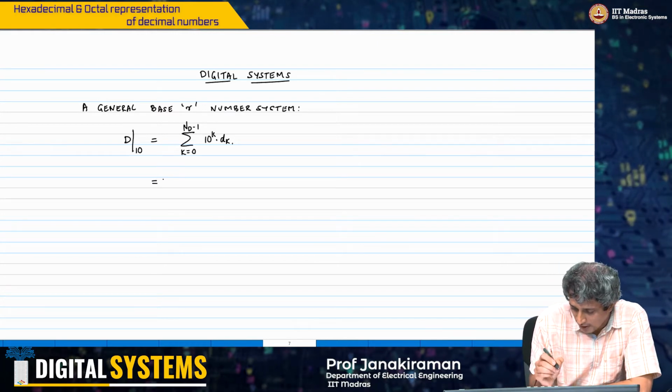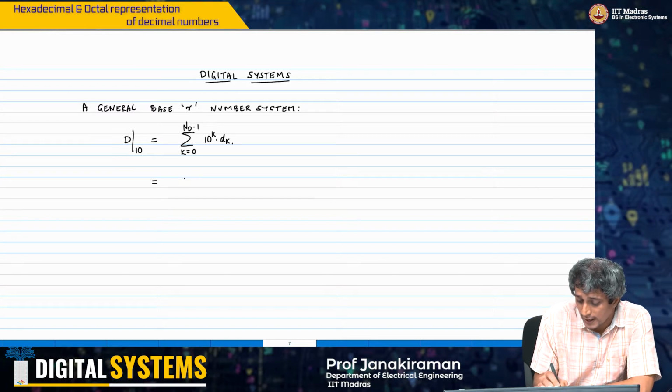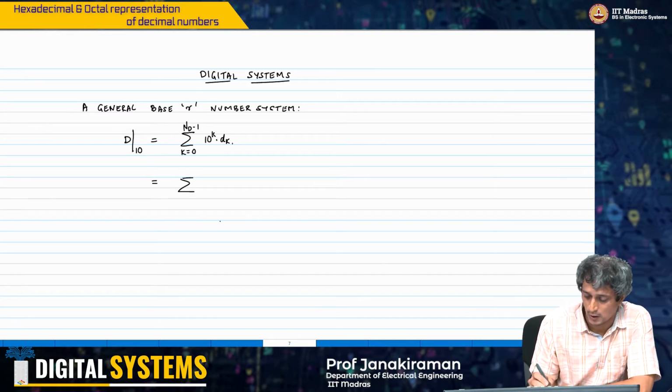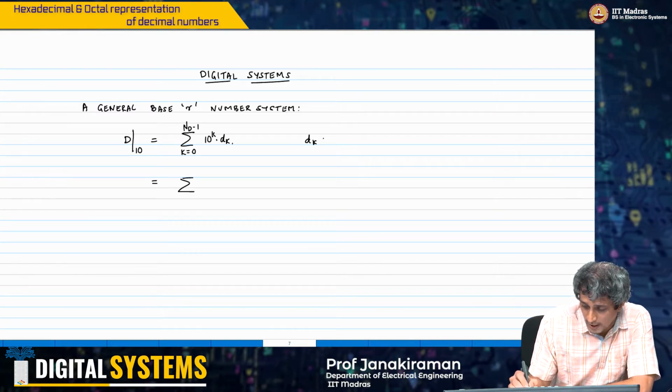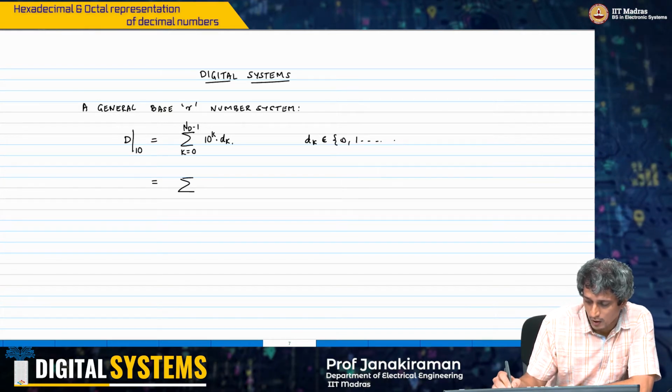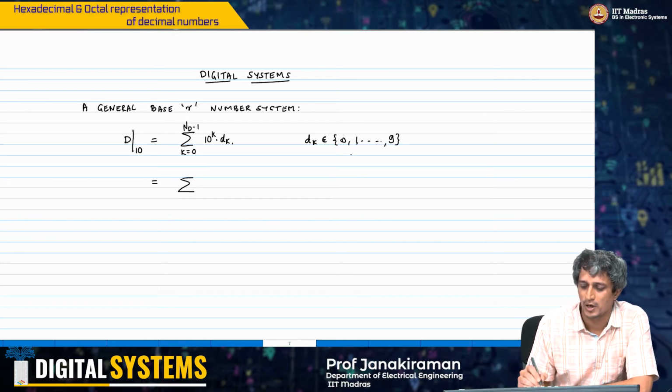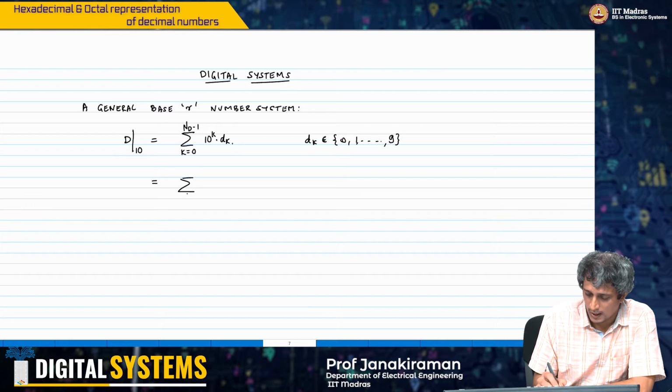Now I could represent the same number in any arbitrary base, and most importantly dk is an element of 0, 1 all the way to 9. It has to be one of the decimal digits from 0 to 9, right?